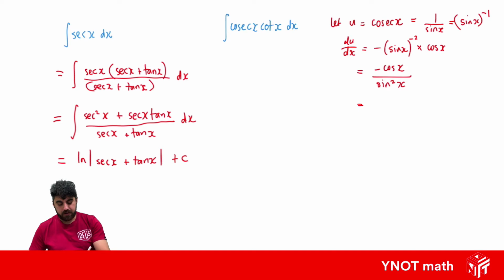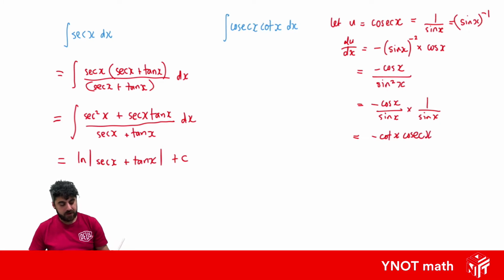We can rewrite this as minus cos x over sine x times 1 over sine x. Just breaking it up. It's going to help us see that minus cos over sine is going to be minus cot x, and 1 over sine x is cosec.